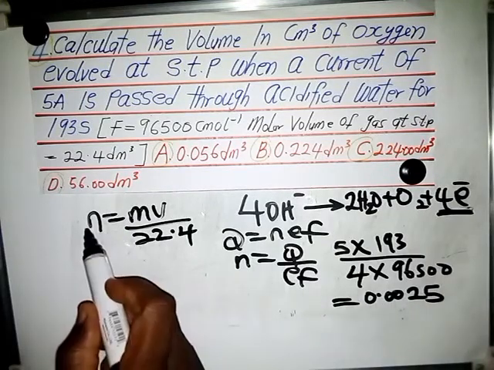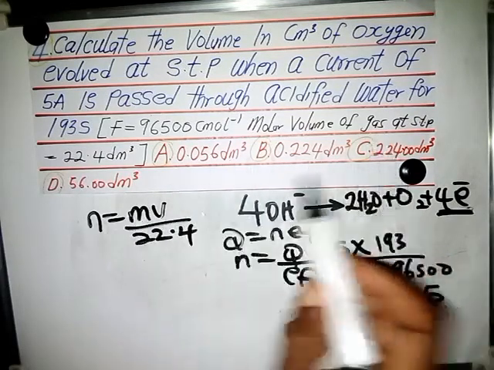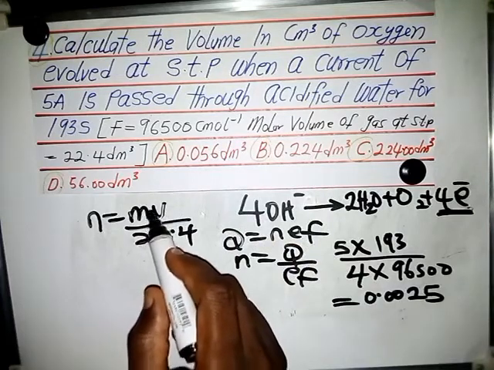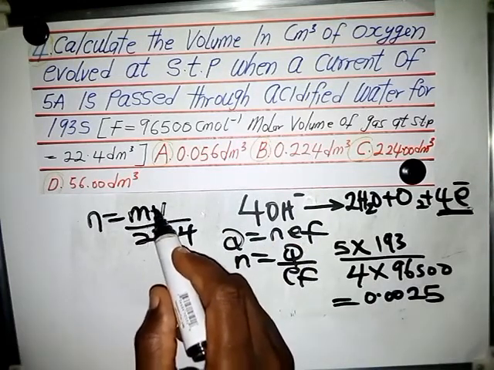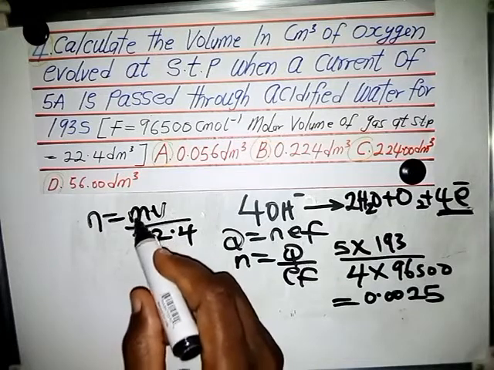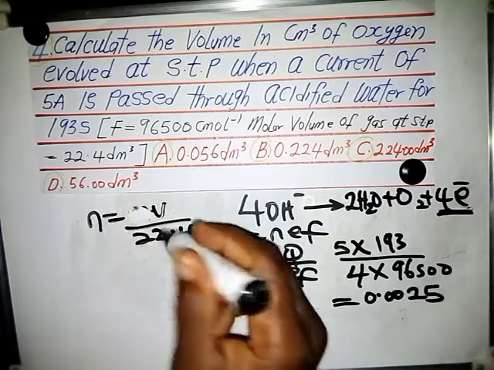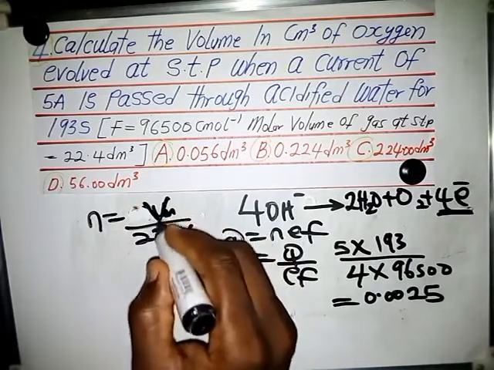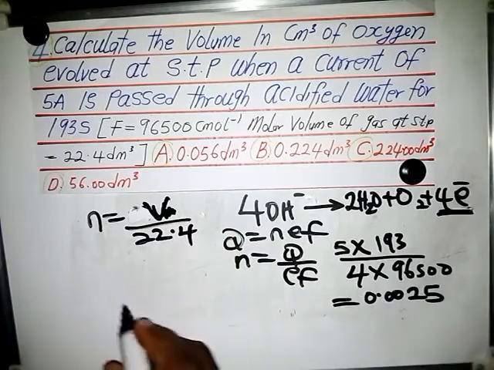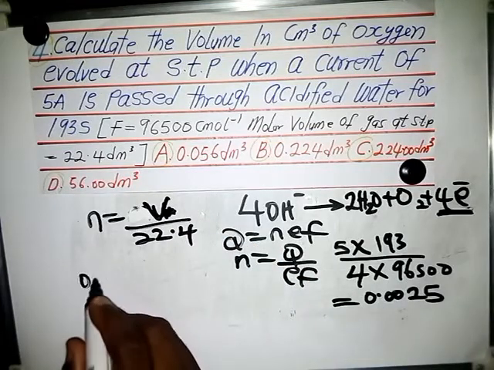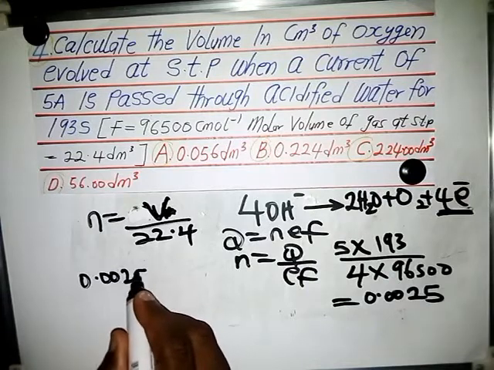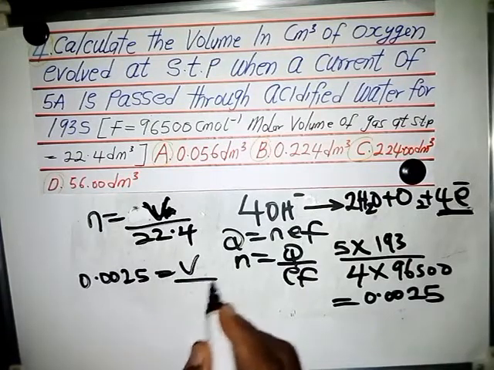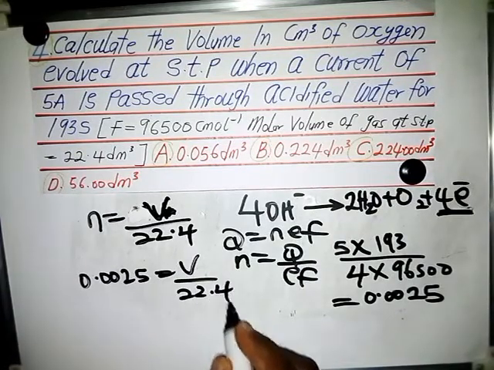So we calculated n. I'm going to put this n here so I can find the molar volume of gas, so that I can find the volume of the gas. So I'm going to say 0.0025 equals V over 22.4.